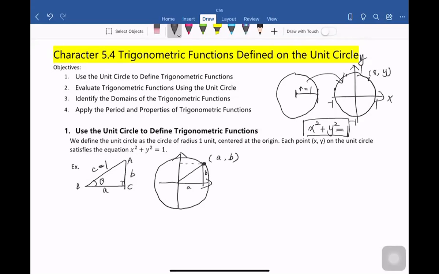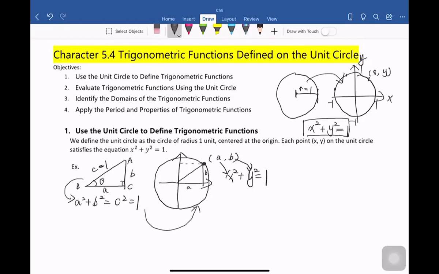We have also learned the Pythagorean theorem: A squared plus B squared equals C squared, which in this right triangle equals 1. That satisfies the equation x squared plus y squared equals 1. That means A is x, B is y, and this point is on the unit circle.